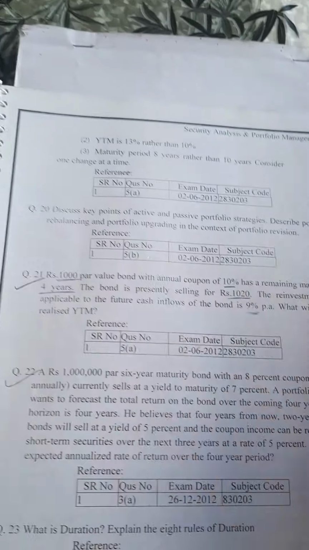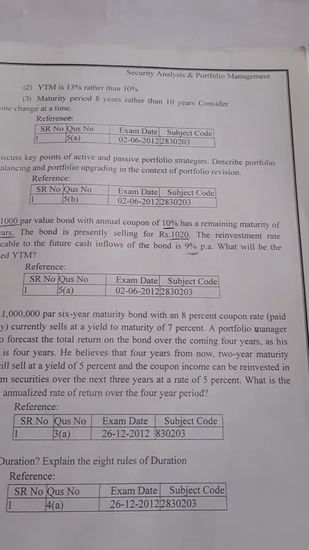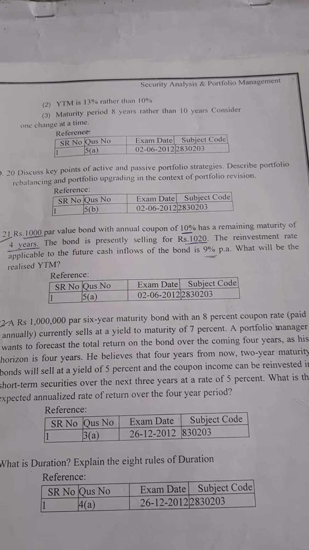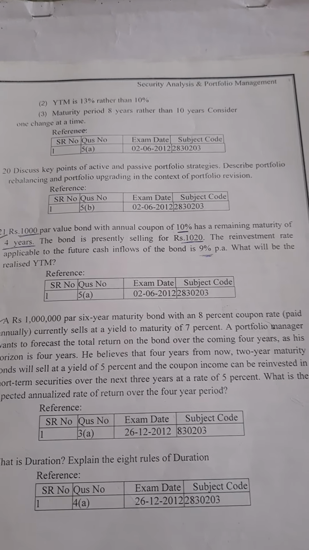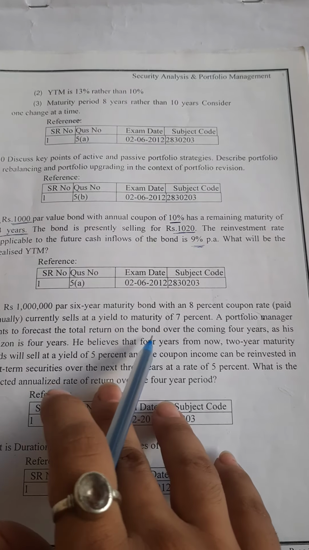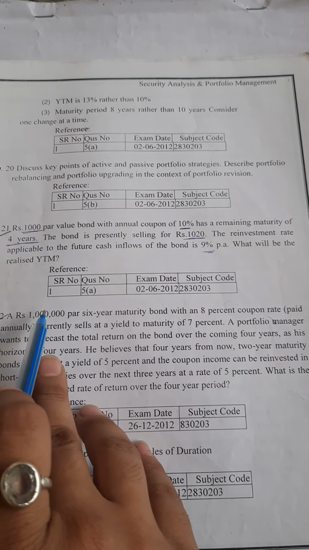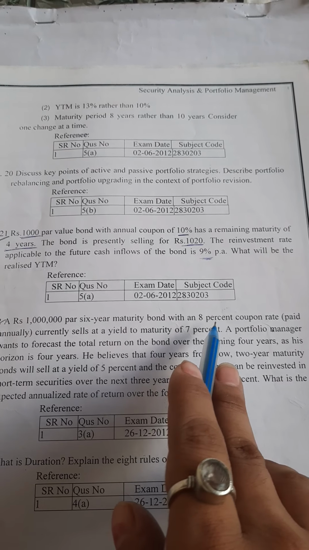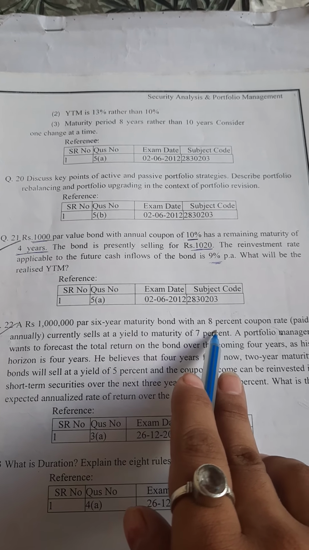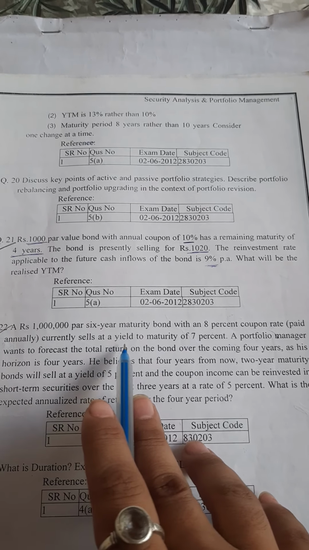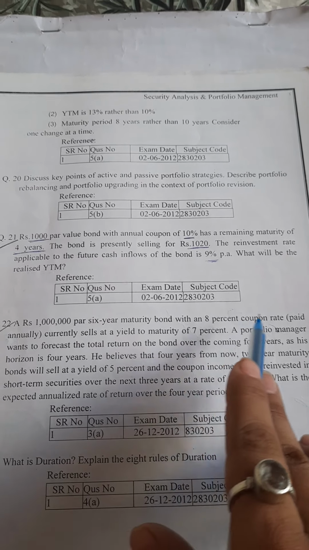Then question 22. A 6-year maturity bond of rupees 10 lakh having coupon rate 8% currently sells at YTM of 7%.